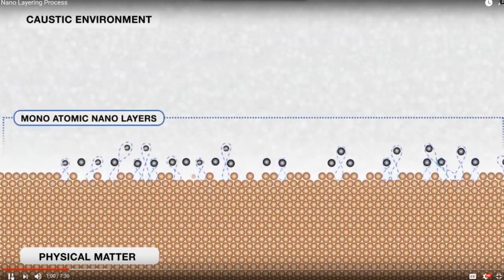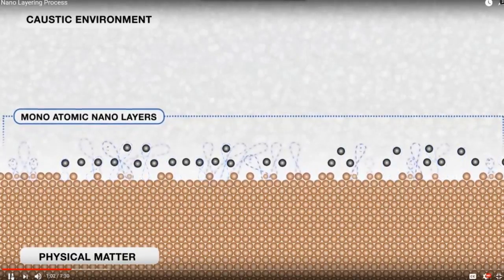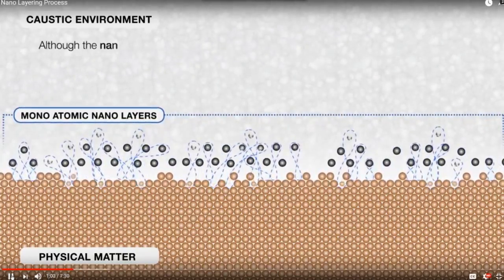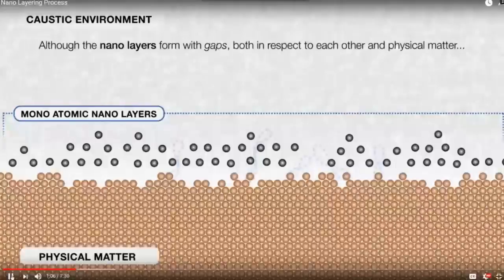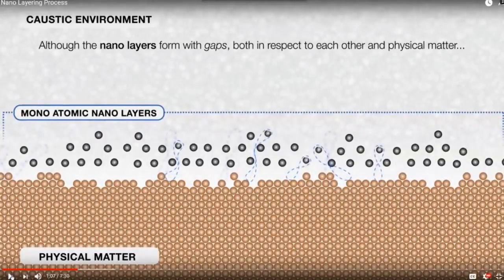So that caustic environment loosens the bonds between your different atoms so that they slightly reposition themselves. They're still attached to the matter, but they've changed their magnetic gravitational position and have moved from direct contact.